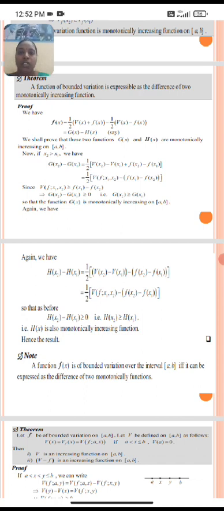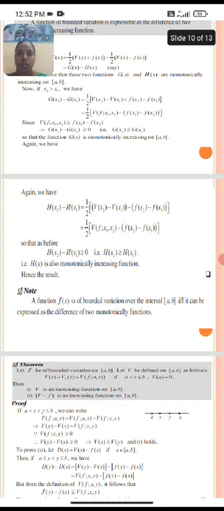Now if x2 is greater than or equal to x1, we have g(x2) minus g(x1) equal to 1 by 2 of [V(x2) minus V(x1) plus f(x2) minus f(x1)]. Since V(f)[x1, x2] is greater than or equal to the modulus of f(x2) minus f(x1), this implies g(x2) minus g(x1) is greater than or equal to 0. So the function g(x) is monotonically increasing on [a, b].